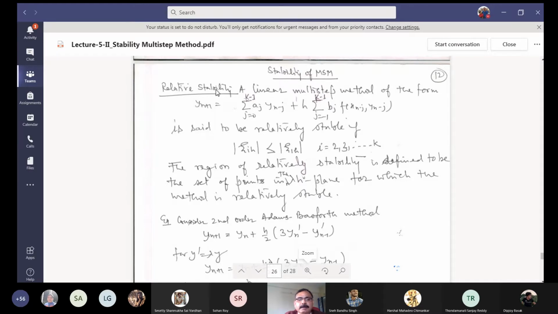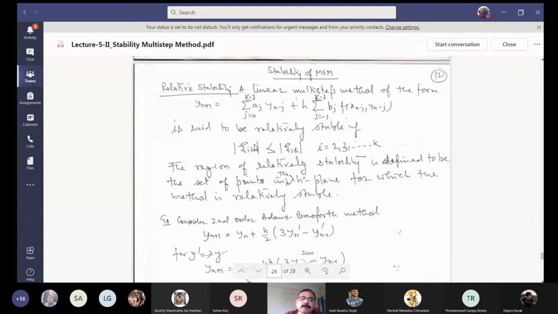I think this was given, that if xi_i, i equal to 1, magnitude of this is less than or equal to xi_1h. Here xi_i means the root of the characteristic equation, not the reduced one. The reduced one is basically your rho of xi, right?